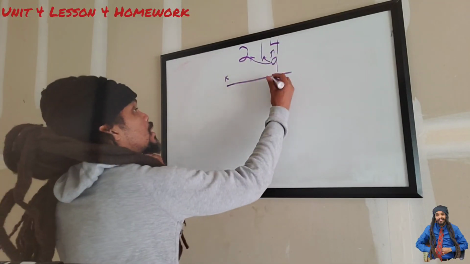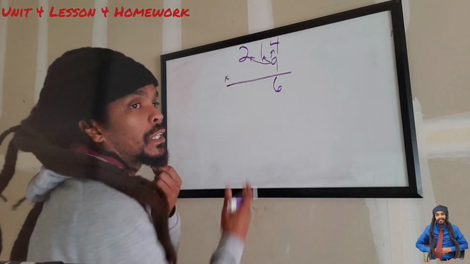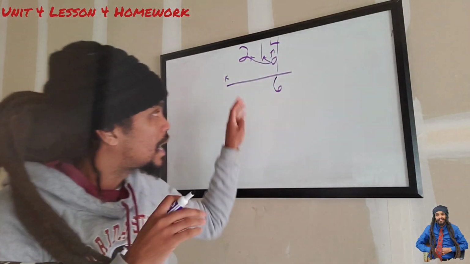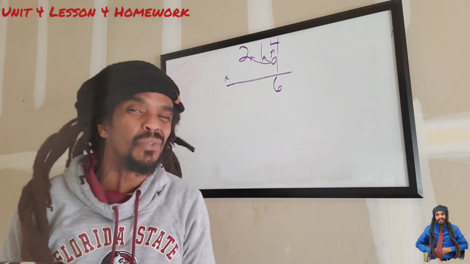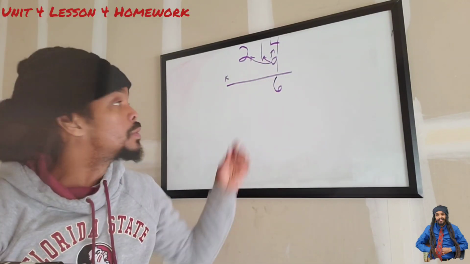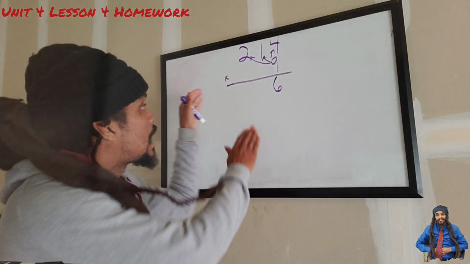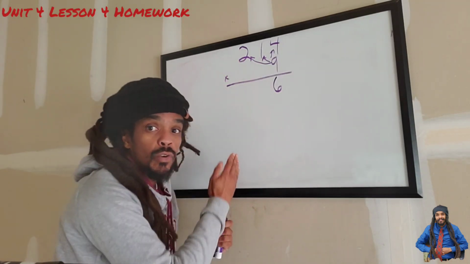So we're going to drop our 6. And notice how I'm trying to keep everything lined up. Y'all know I am. We're trying to keep it really neat. Because right now it's not going to play much of a factor because this problem isn't going to be too crazy. But y'all know when we start doing 2-digit by 3-digit, we're going to start having a lot of numbers underneath. We need to have them lined up nice and straight and neat.